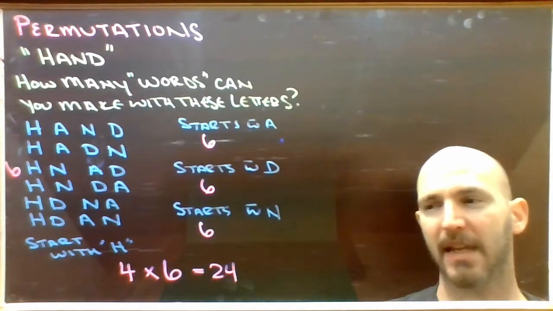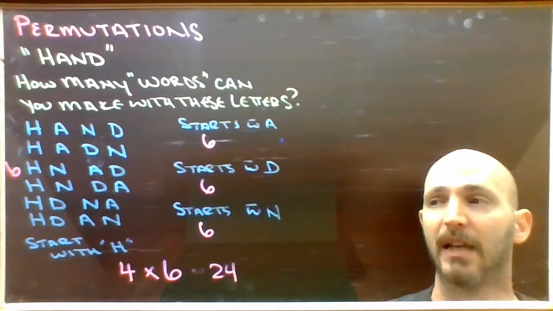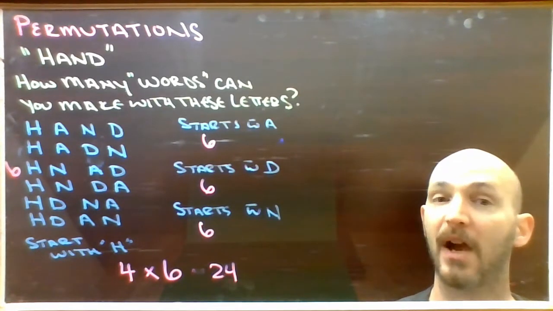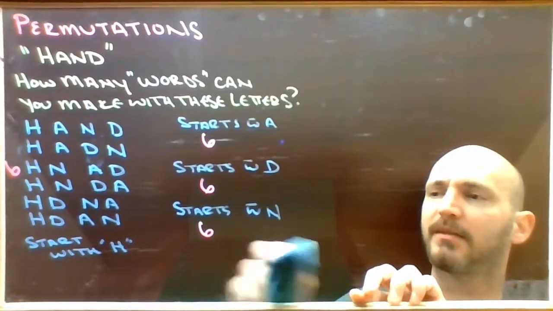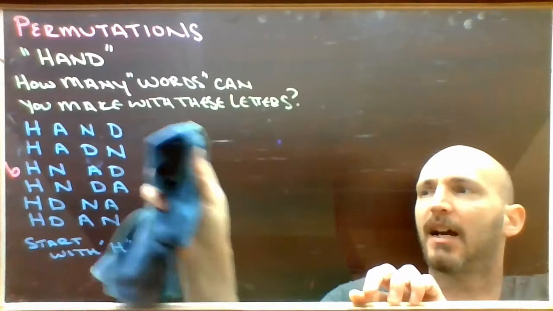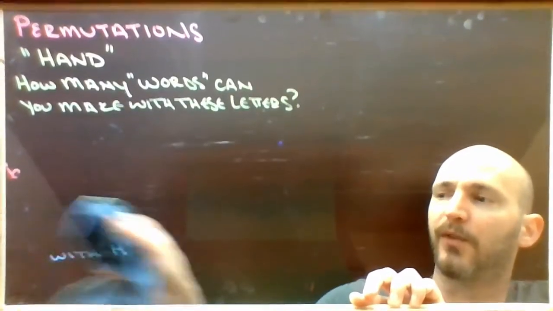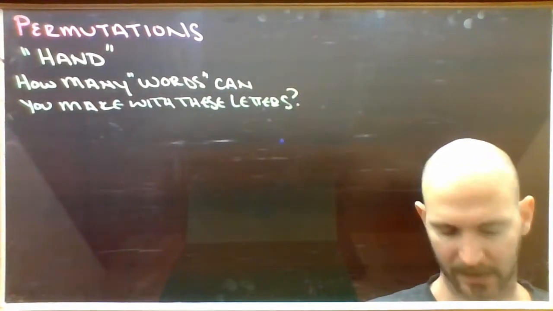So I'm going to take this. This is the answer we're after. I want 24 different things. And I'm going to try and do this without making that list in the first place. So let's clean this off. And the trick to this is setting up a model for your word, and then just thinking about how many things would fit into that model.